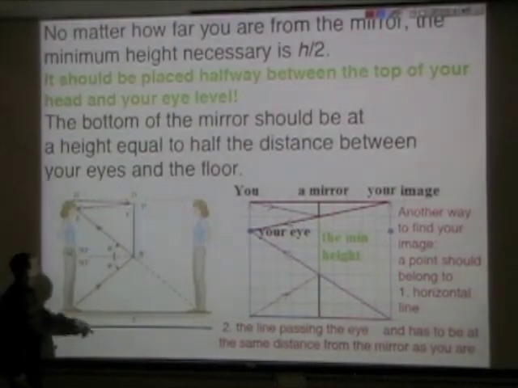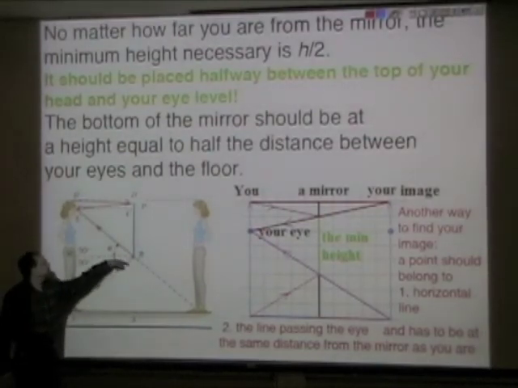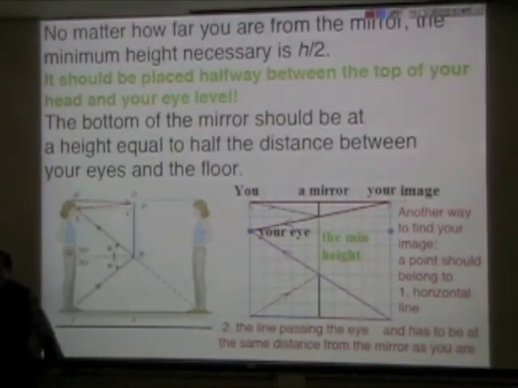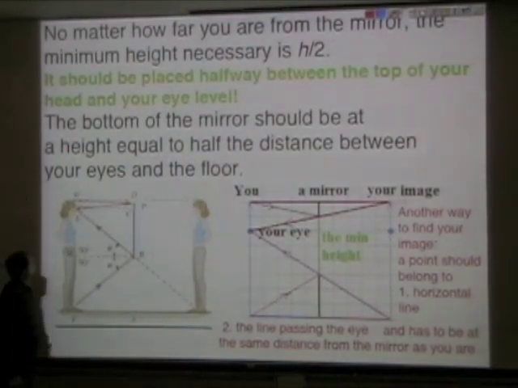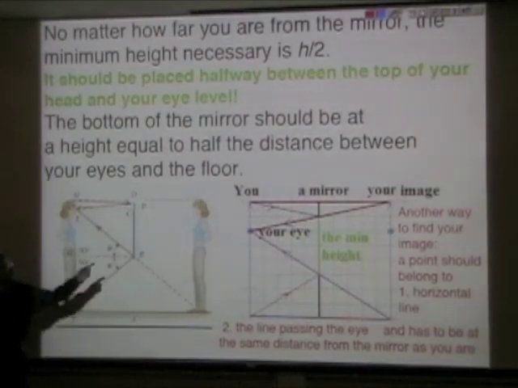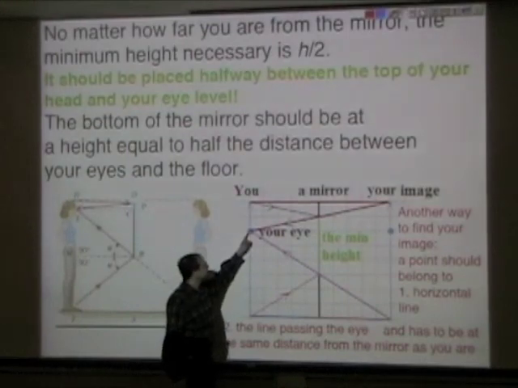The mirror, in order to fit your full image, must have at least a certain size. Plus, in addition, it should be placed at a specific height. So here, in this picture, you can see, if this is your eye.